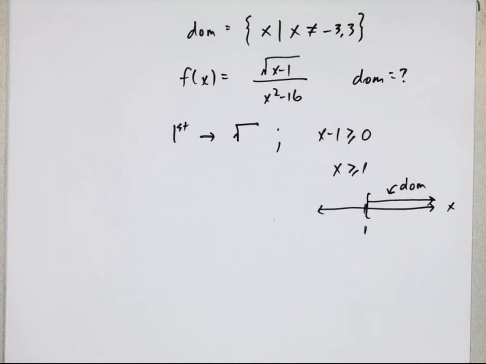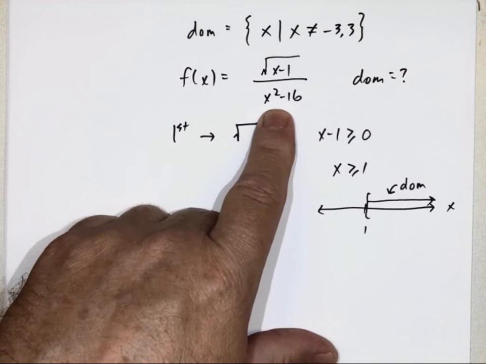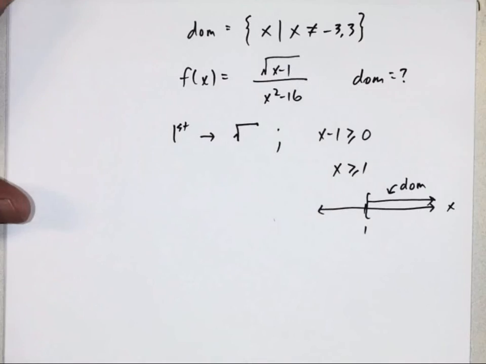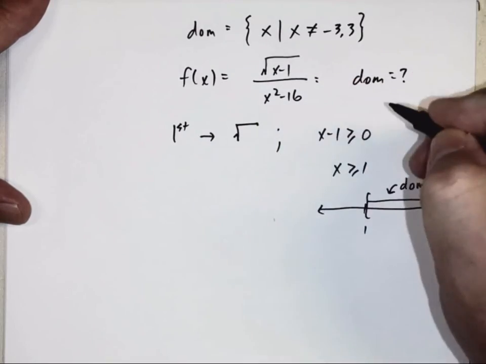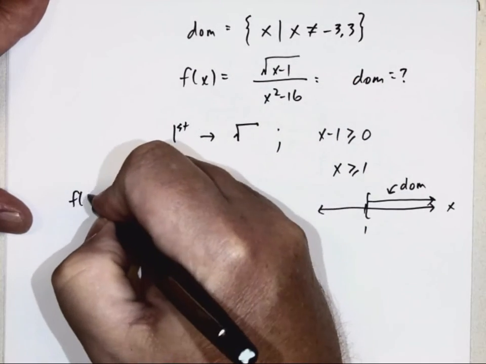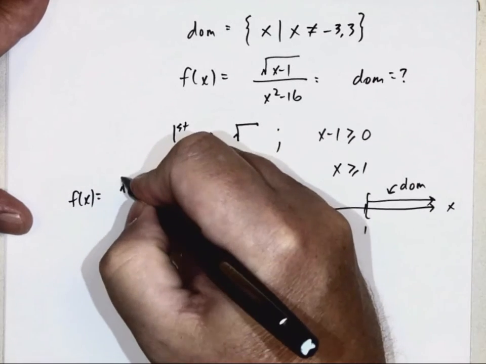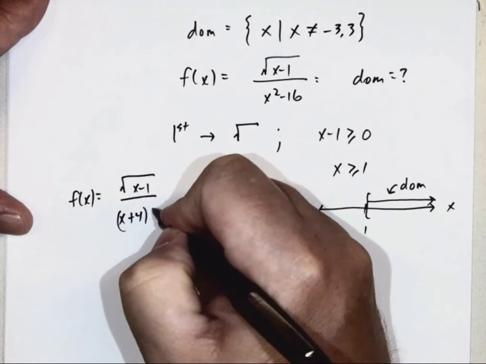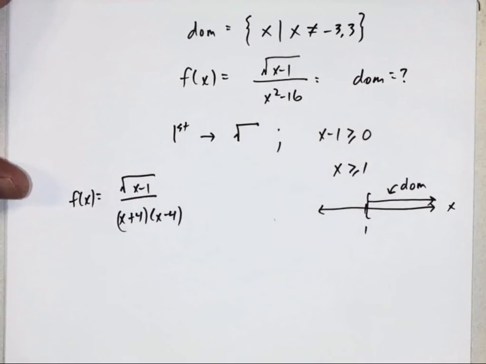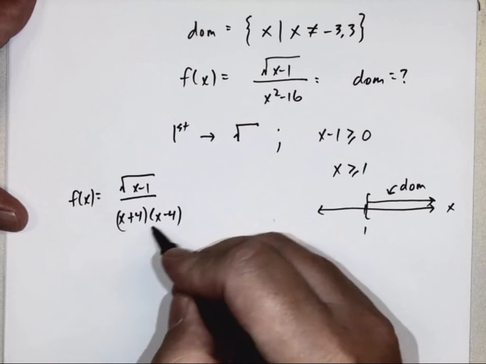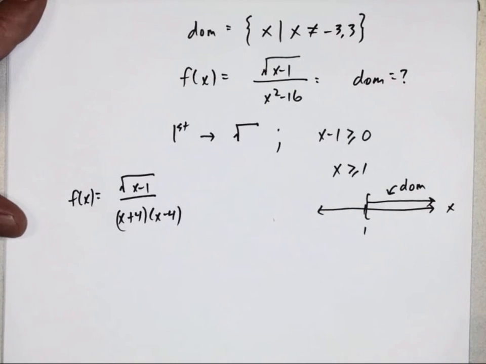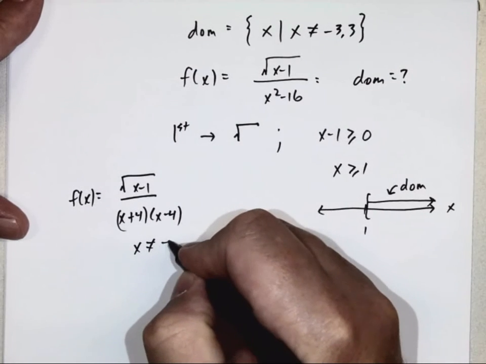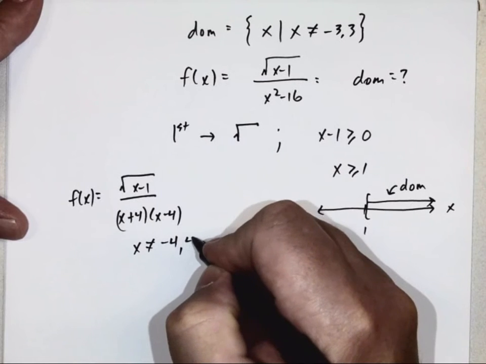But now, I have to also take into account that I've got a variable in the denominator. Now actually, let me show it over here. I need to factor the denominator. Once again, it's a difference of squares. And now I say, if I look at that denominator, what do I know that x cannot be equal to? x cannot be equal to negative 4 or 4.